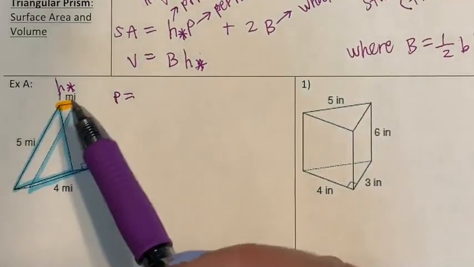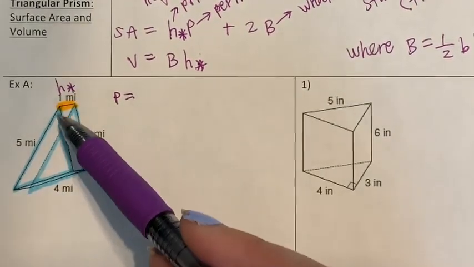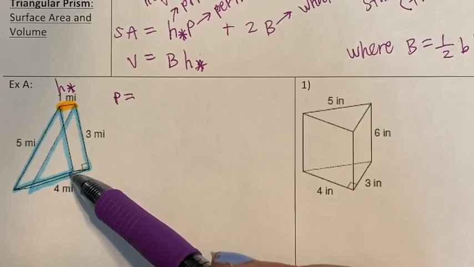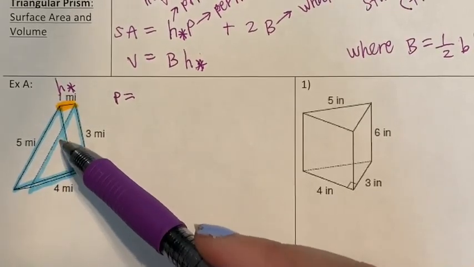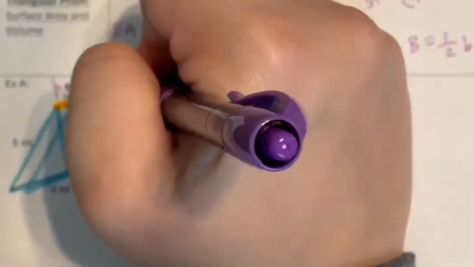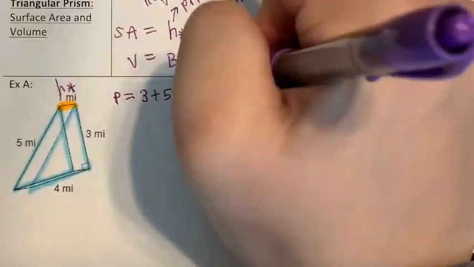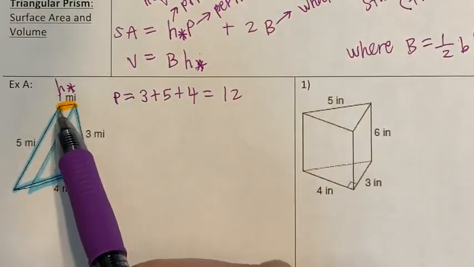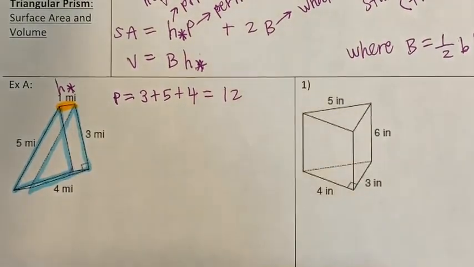You can just look at one of them. If this triangle is my base, for perimeter you add up the 3 sides. I have one side that is 3, one side that is 5, one side that is 4. So I do 3 plus 5 plus 4 to get 12. My perimeter is 12.